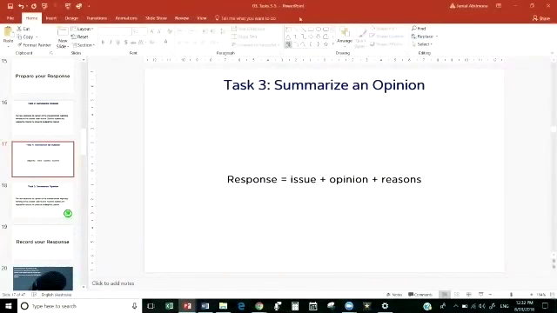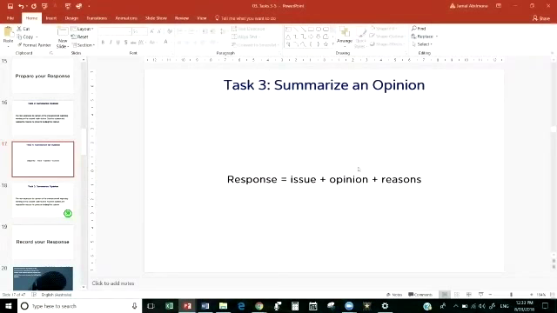Now, if we go back to task 3, let me just find it. Task 3, your main ideas are the issue, the opinion, and the reasons. So when you look at your notes, what you want to identify is what's the issue. The issue here was a job for the university radio station.